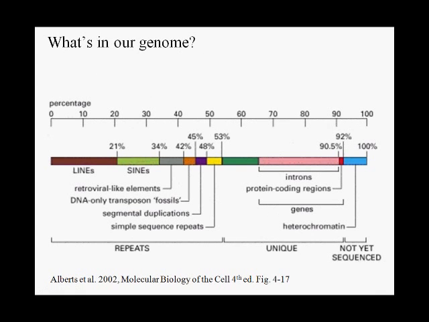Now let's switch to eukaryotic genomes. So you recall that eukaryotic genomes are much larger than prokaryotic genomes, and the human genome at 3 billion base pairs per haploid set of chromosomes is actually on the larger side for eukaryotic genomes. For instance, yeasts have genomes that encode only 6,000 genes, and the yeast cell has a much smaller genome.